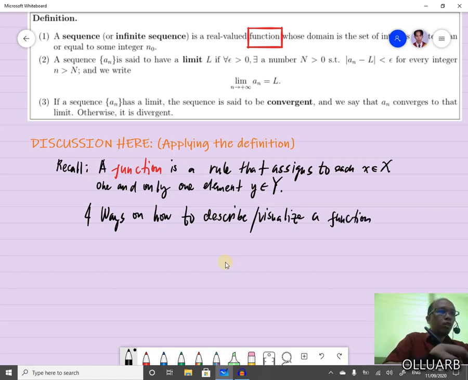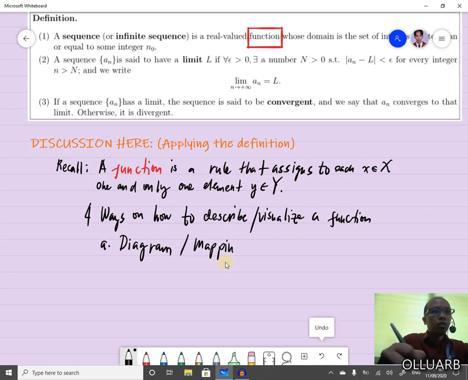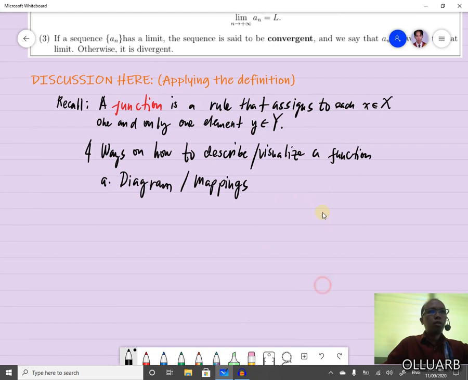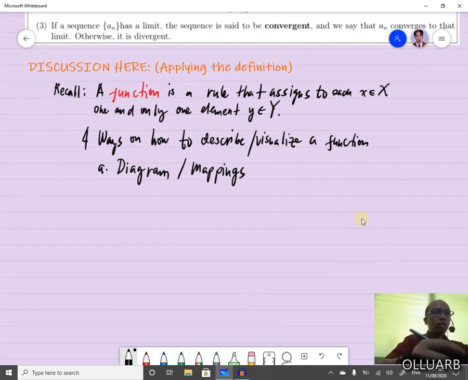If you remember, the first one is using a diagram. I know you are familiar with these diagrams or mappings.